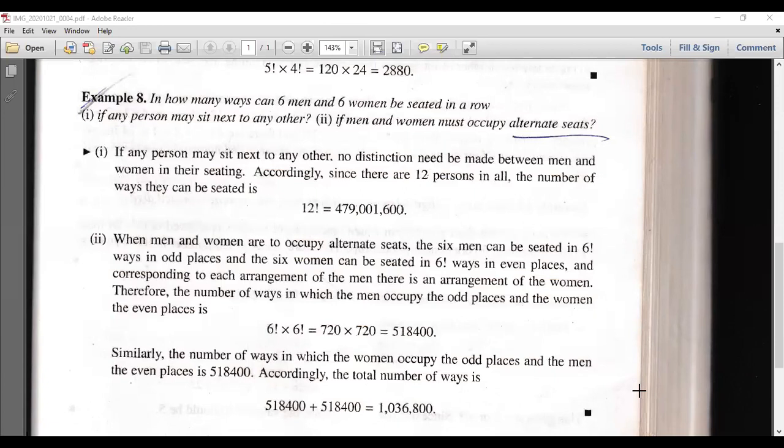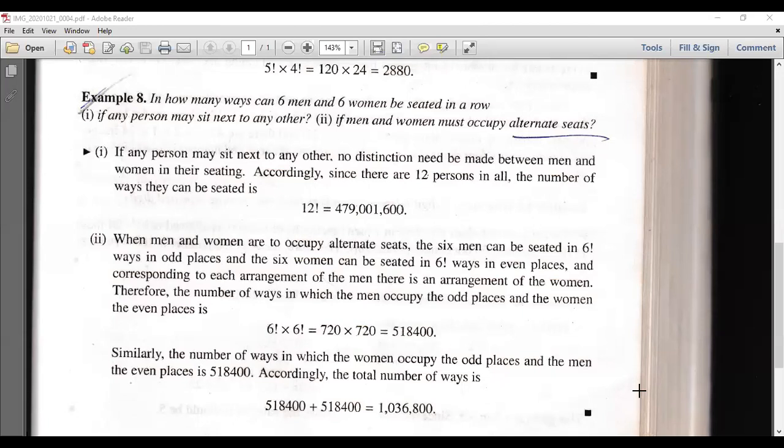Women internally can be arranged in 6 factorial different ways. So this is 6 factorial followed by 6 factorial.